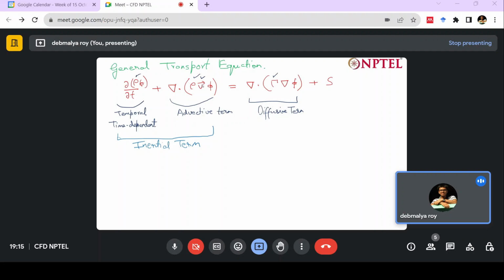Or you can also couple this with the Navier-Stokes equation and have a coupled set of equations where you have a species transport which is influencing your fluid flow, and your fluid flow is in turn influencing your advection term. Here you can see how the velocity will influence the species flow.